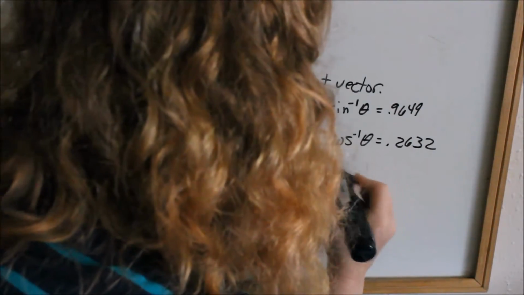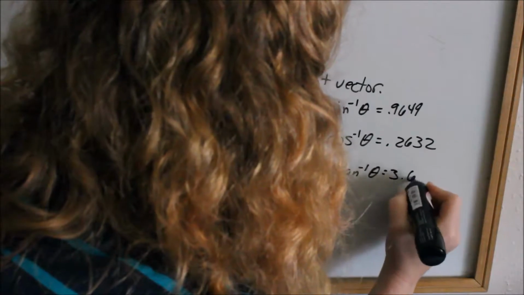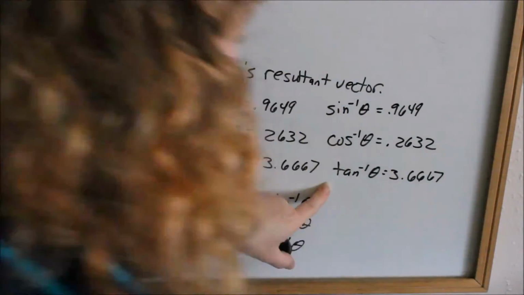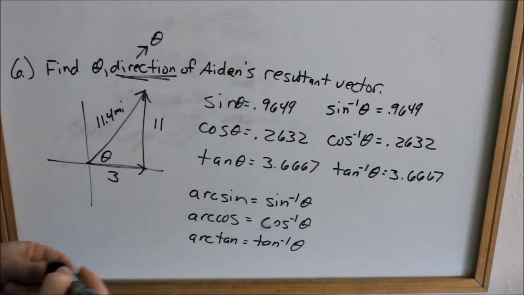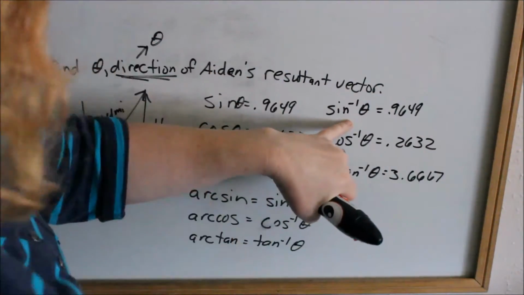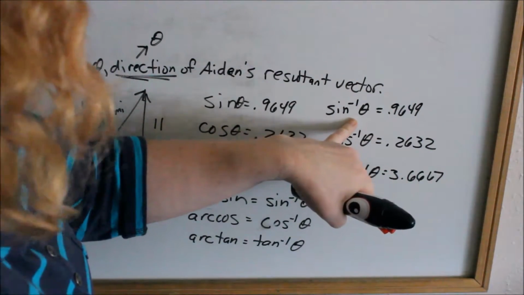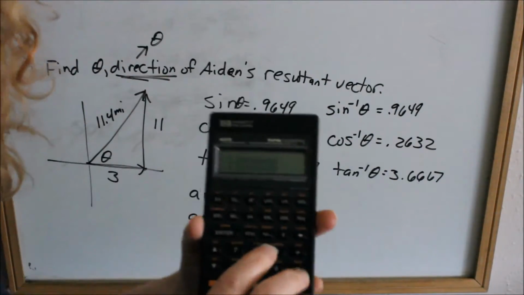So this would be inverse of tangent. Each one of these should give us the same theta value. On your calculator, how you do that is you're going to use the second button, because usually your inverse will be up above the sine button.